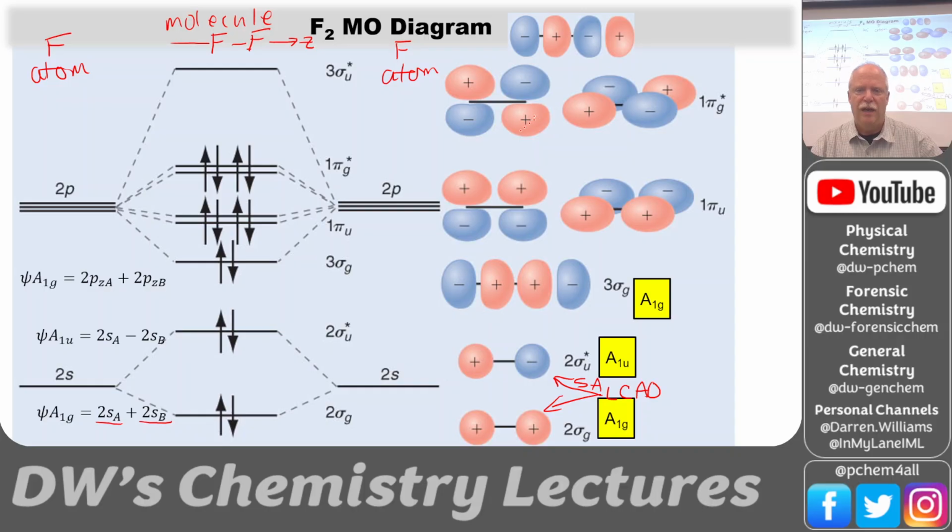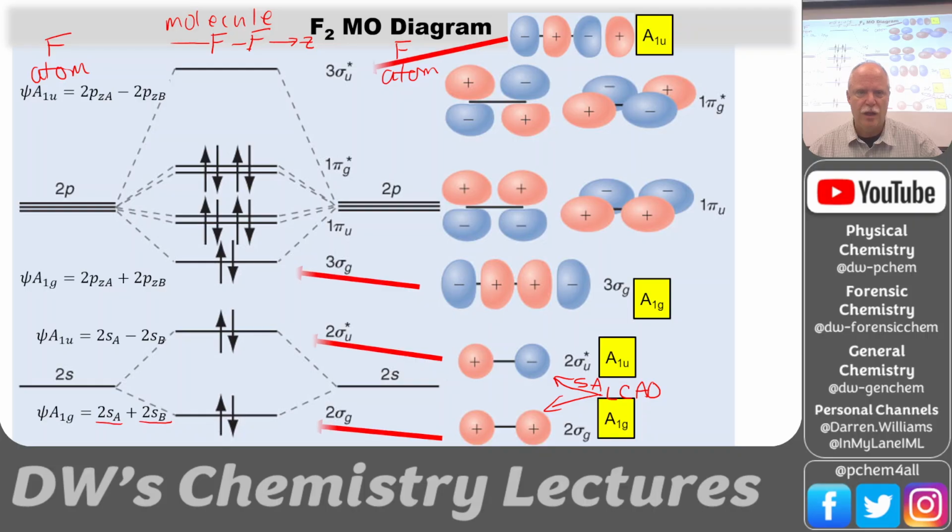Okay. It doesn't really matter which one of these, but these are the 2px's and py's later on. But let's look at the opposite combination of the 2pz's. So 2pz on atom A minus the 2pz on atom B. That would also be an A1u. And those are those right there. Now we define these as sigma bonds because they have a +1 under this rotation.